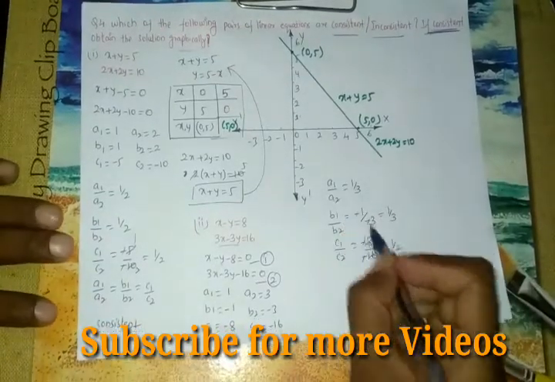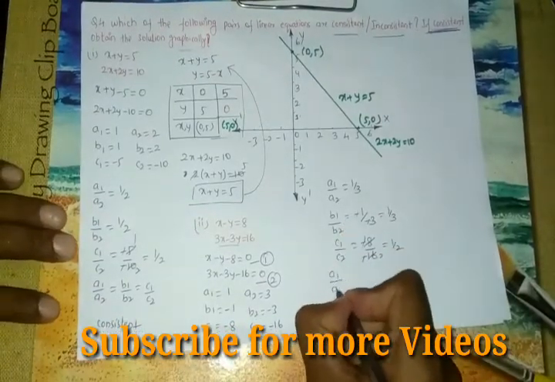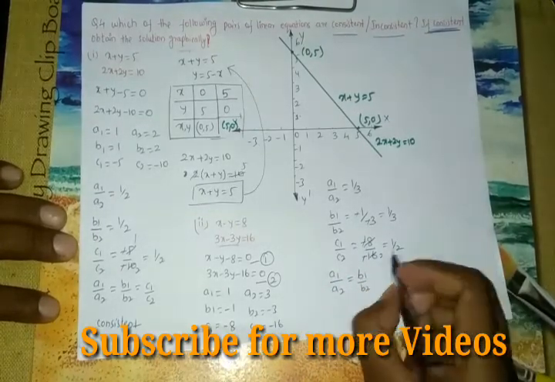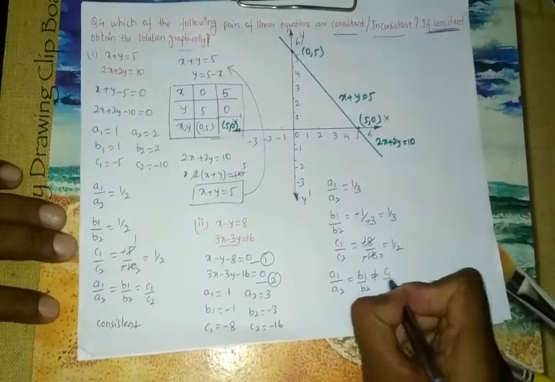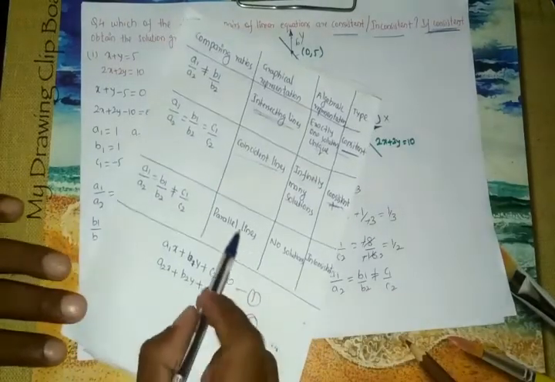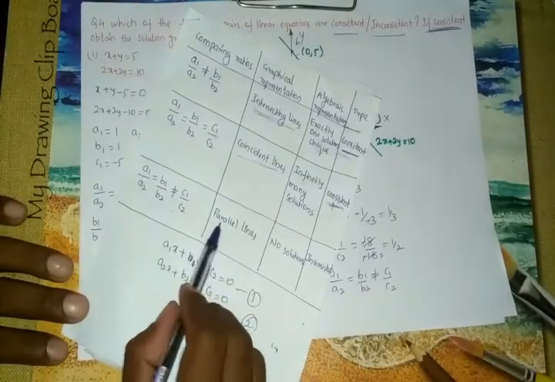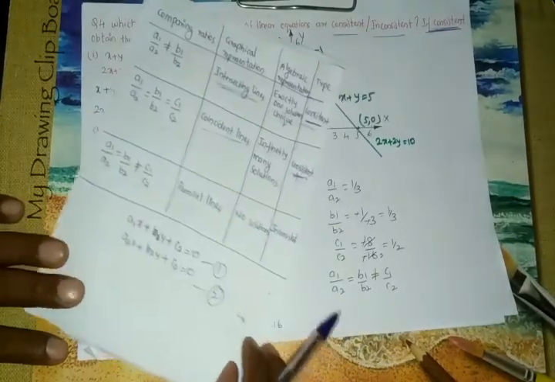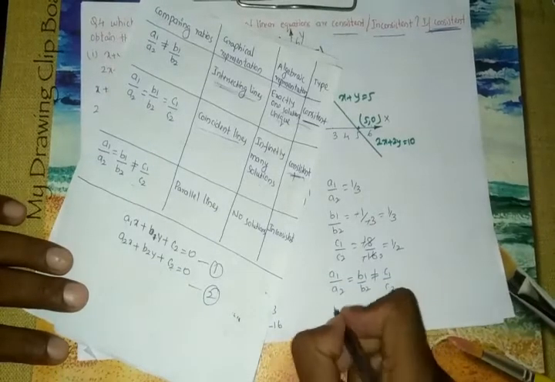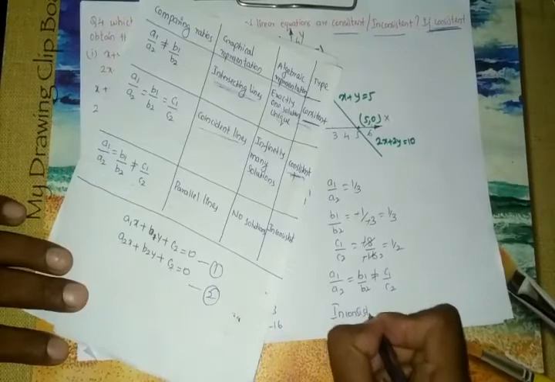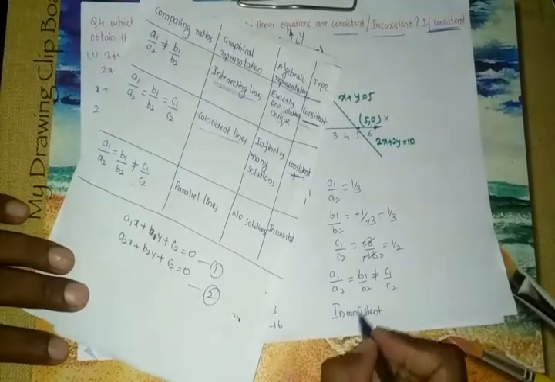So we can observe that a1 by a2 equals b1 by b2 but not equal to c1 by c2. With these ratios we come to know that the lines are parallel. When lines are parallel, there is no solution for the given pair of linear equations. So the type of given equations is inconsistent.